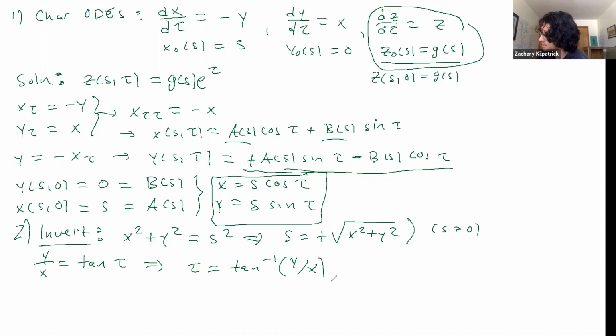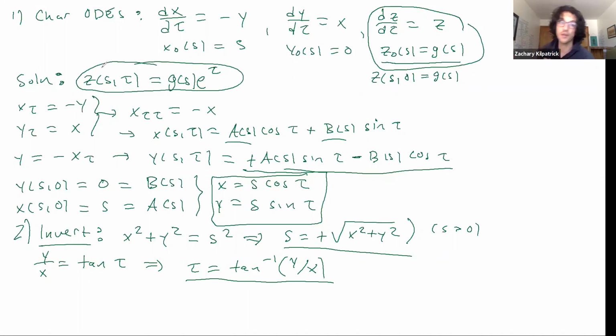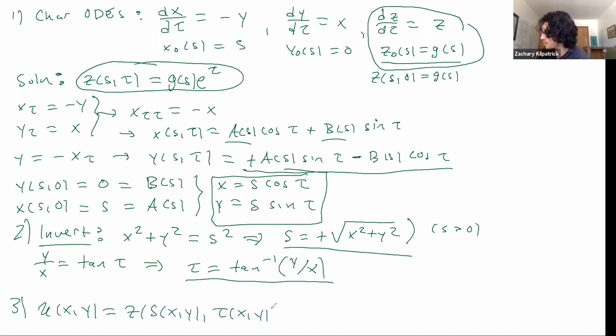I have tau as a function of x and y, and I have s as a function of x and y. And I have z as a function of s and tau. All I do now is plug my functions of x and y into z, and when I put everything together, z of x and y is equal to z of s of x y, tau of x y.